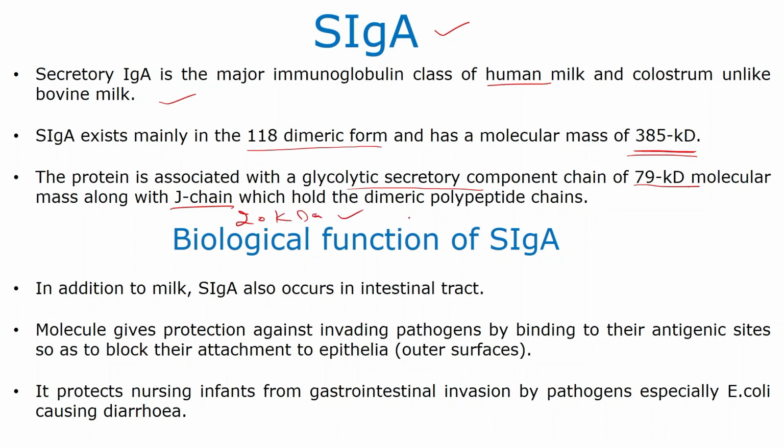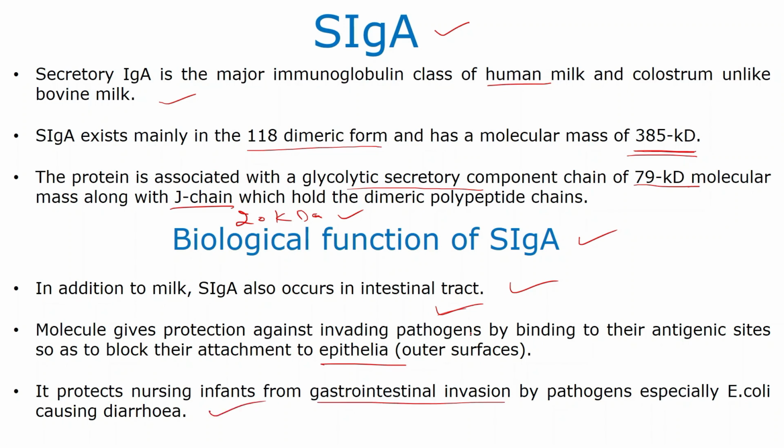Now we see the biological function of secretory immunoglobulin A: in addition to milk, secretory immunoglobulin A also occurs in the intestinal tract. The molecules give protection against invading pathogens. If a pathogen is invading, it will bind to their antigenic sites, thereby preventing their adherence to the epithelia, and then it protects the nursing infant from gastrointestinal invasion by pathogens, especially E. coli, causing diarrhea.